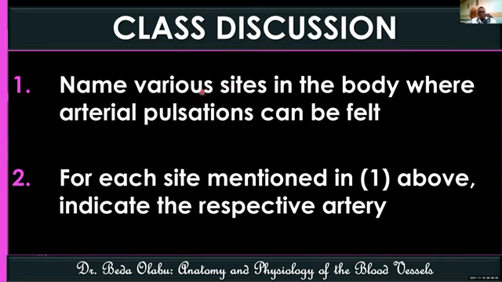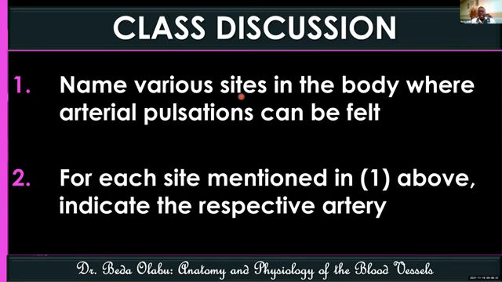And once you've mentioned those sites where you can feel the arterial pulsations, I also want you to mention the artery responsible for that pulsation in each case. For example, let's start with the most obvious one. One of the sites where you can feel pulsations is the anterior wrist, on the lateral aspect.